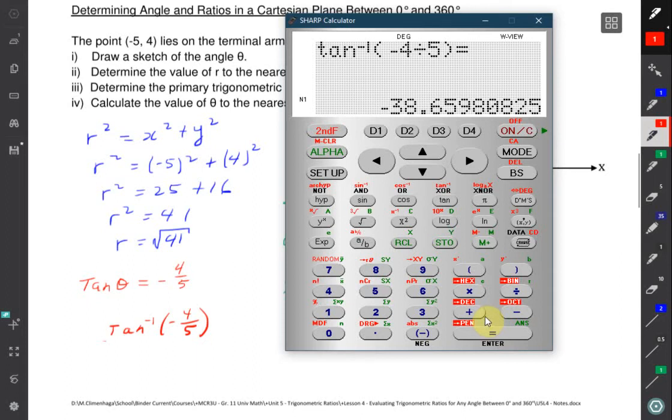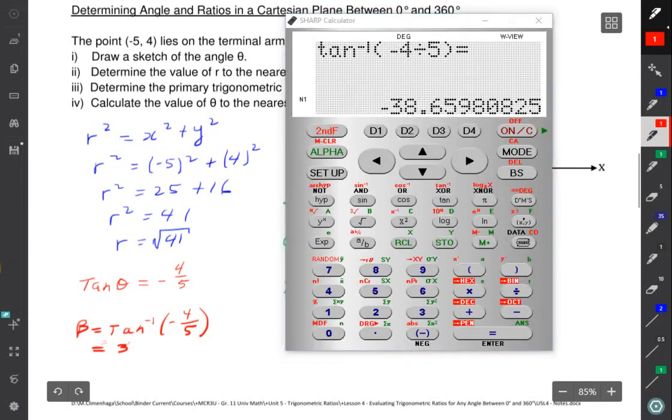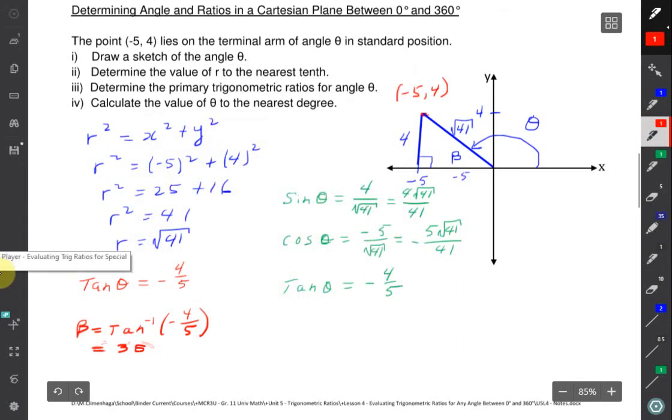So now I know that the answer to this is beta. And I'm not going to write it as a negative. I'm going to simply write it as a positive, because beta is always considered simply a positive angle.